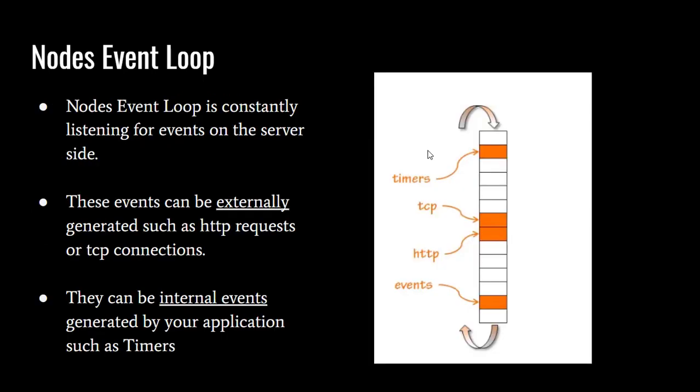So if we dig deeper and look inside the event loop, it's not entirely a queue, and the diagram there is simplifying what it is. But for our first introduction to it, we're going to visualize it like this. Basically, the event loop is constantly listening for events on the server side.